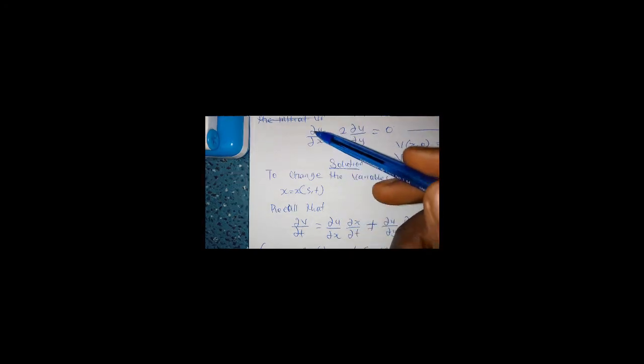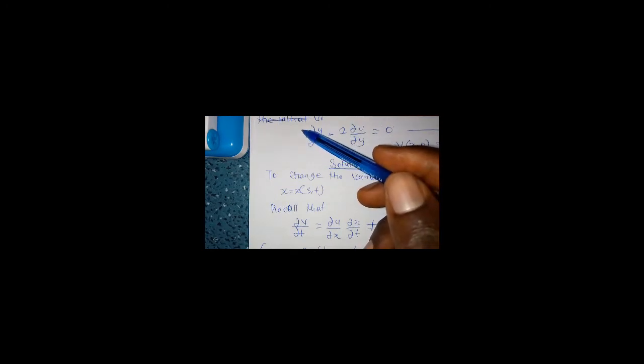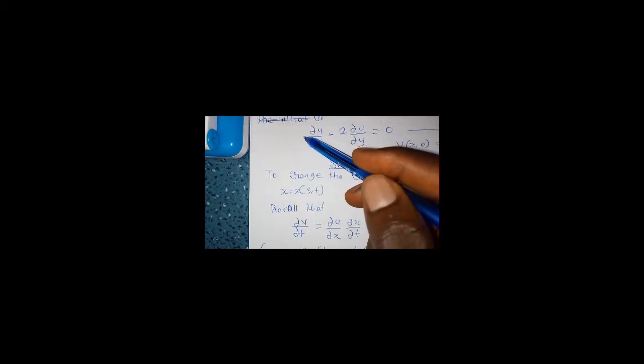From the question given, you could see that partial u partial x appears in both. So we are going to be comparing these two equations together such that the coefficient of partial u partial x is 1. So we are just assuming this one to take the position of the coefficient of partial u partial x.